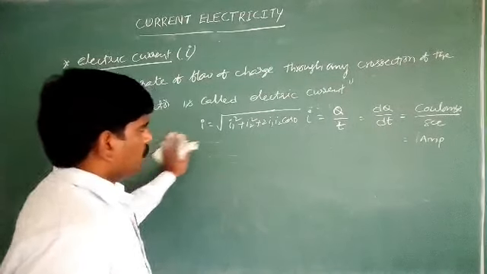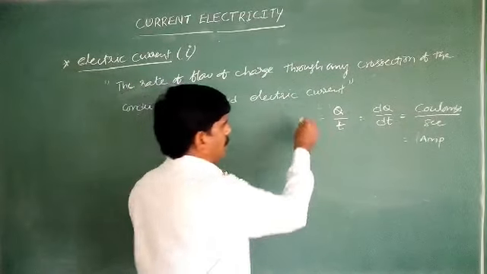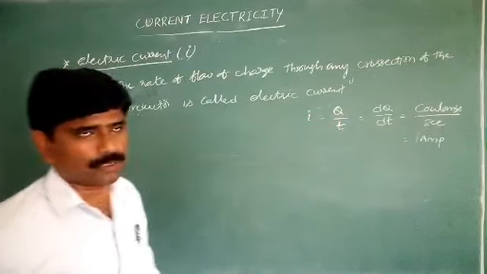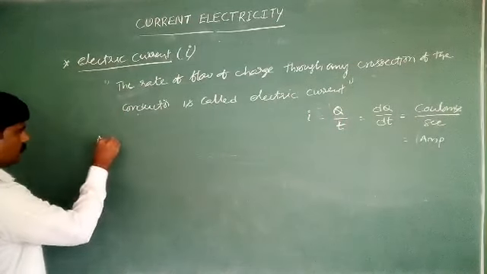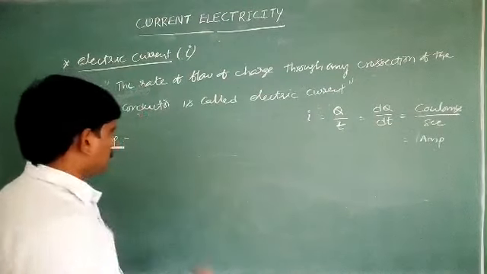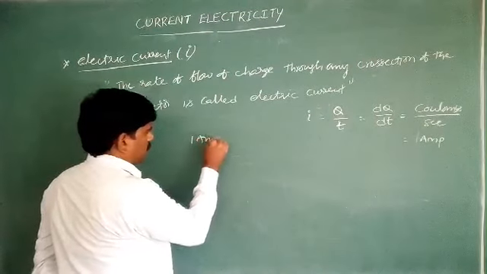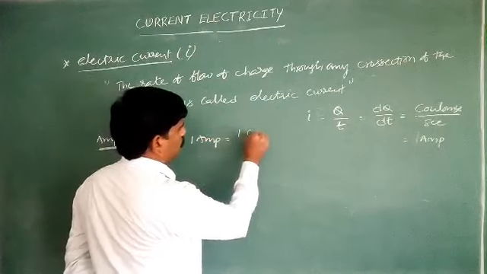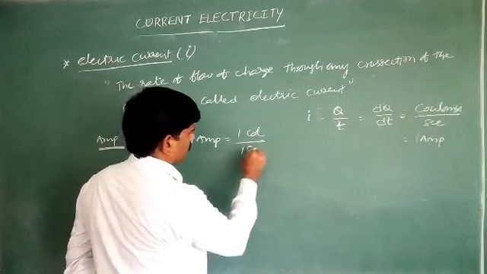So now we will define the ampere. How do we define the ampere? Observe, 1 ampere is equal to 1 coulomb per 1 second.